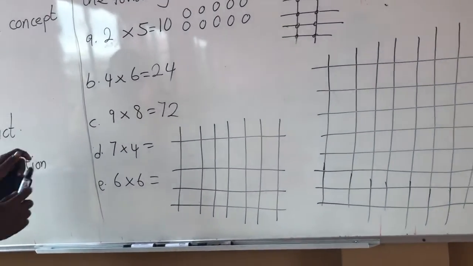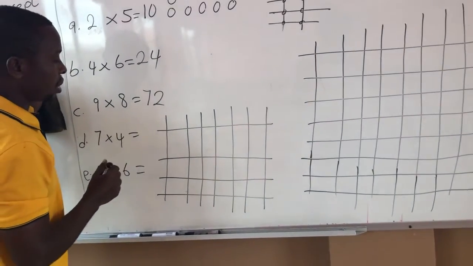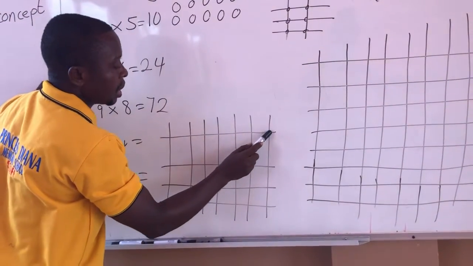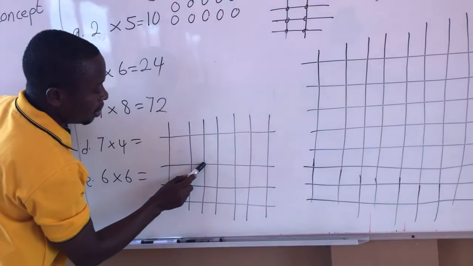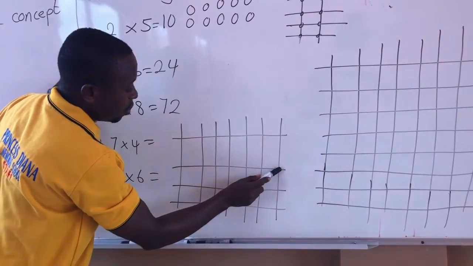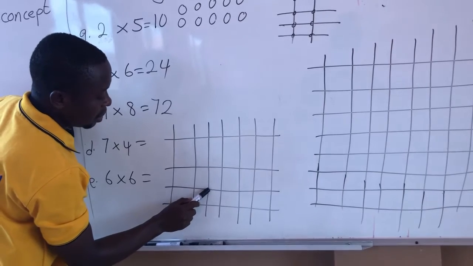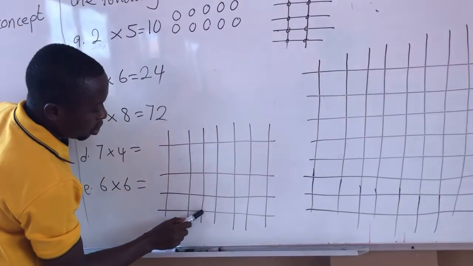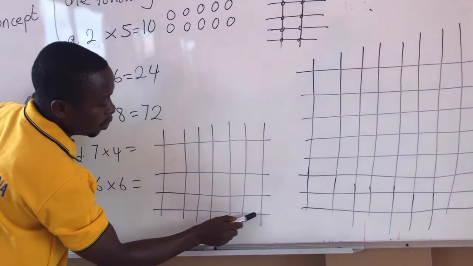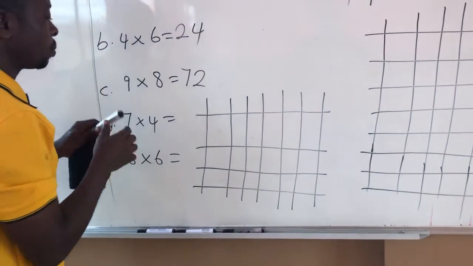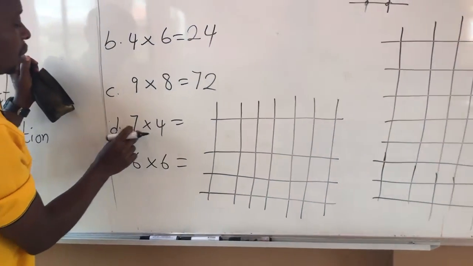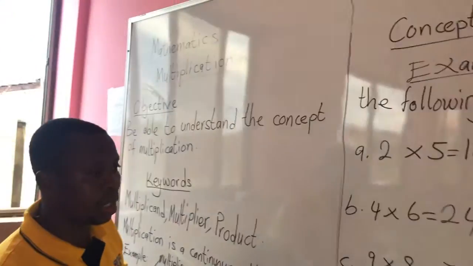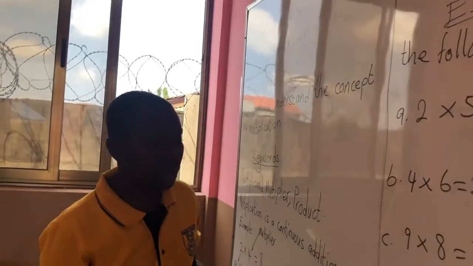Now we are going to count only the joints, not the boxes. So we have 1, 2, 3, up to 28. Okay, good. So the product of 7 times 4 is 28.